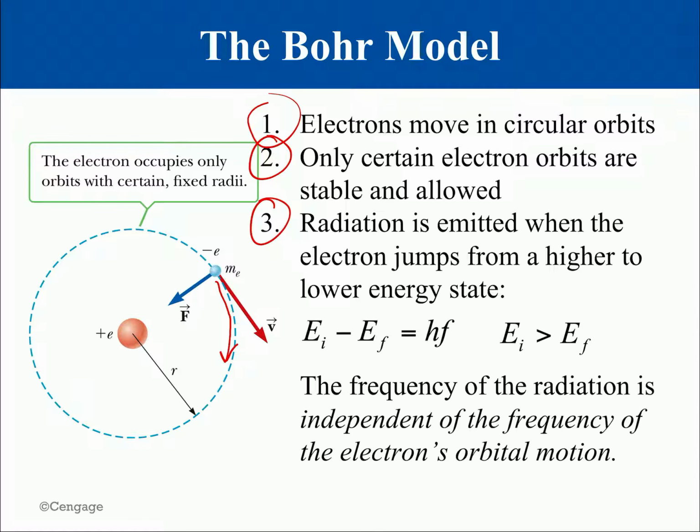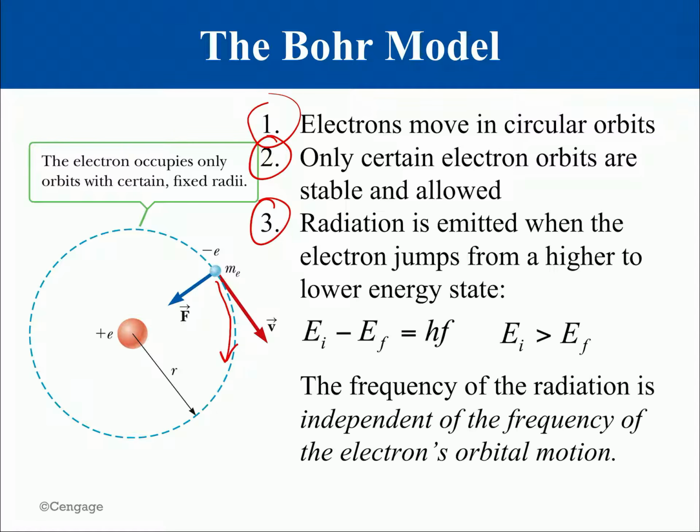So really that was his incorporation of modern physics, because we are talking 1913 here. We knew about quantization of blackbody radiation, and we knew about quantization of photons because of the photoelectric effect. So quantization within these quasi-orbits of the electron seemed reasonable.